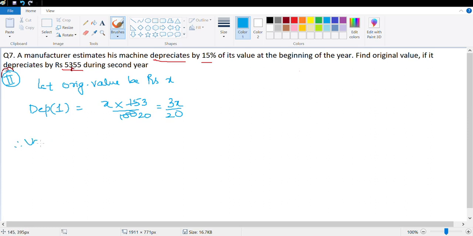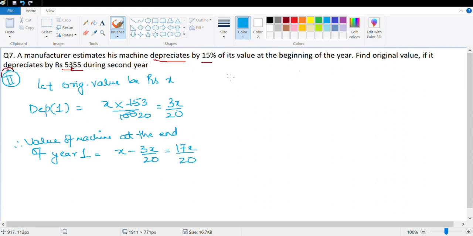Therefore, value of machine at the end of year 1 will be equal to original value minus the depreciation, which is 3x upon 20, which is equal to 17x upon 20.